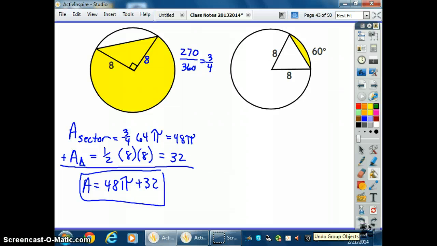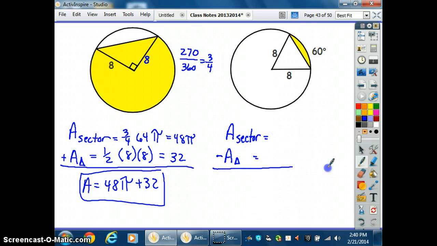All right, so area of the sector minus triangle area will give us our answer.